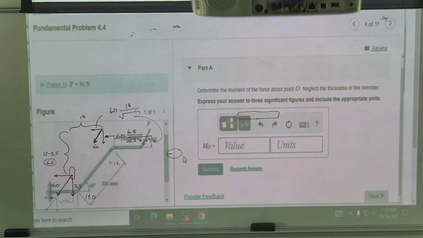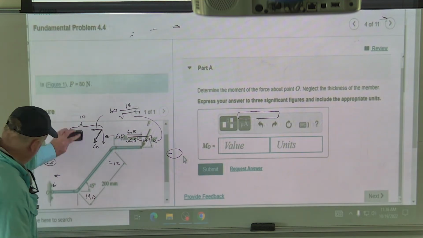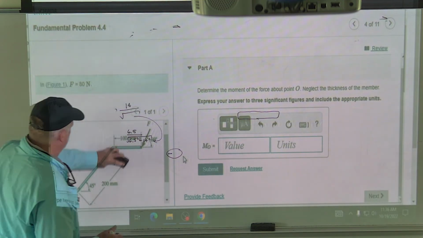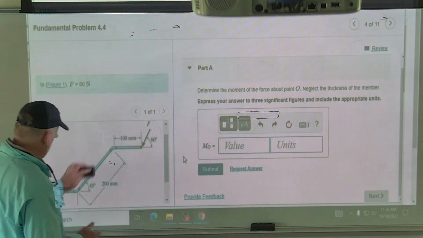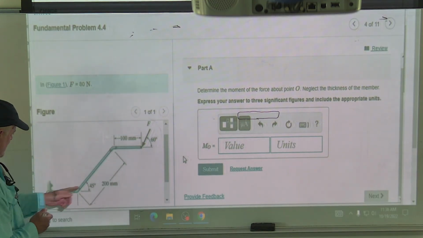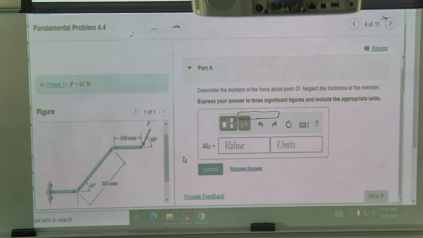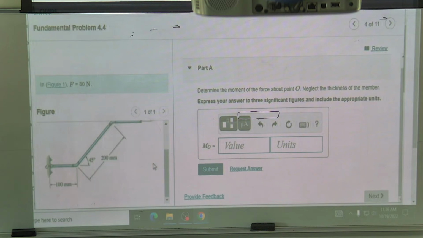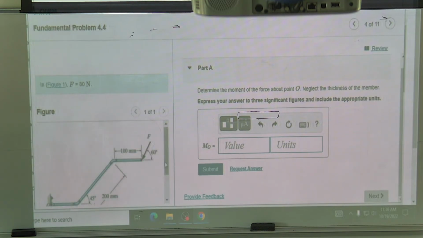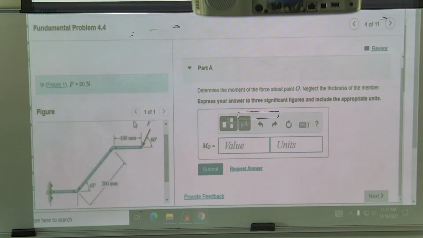So on this one, for me, he's got 45, which is kind of convenient. And this is actually a distance of 100 millimeters. Can you move that up?